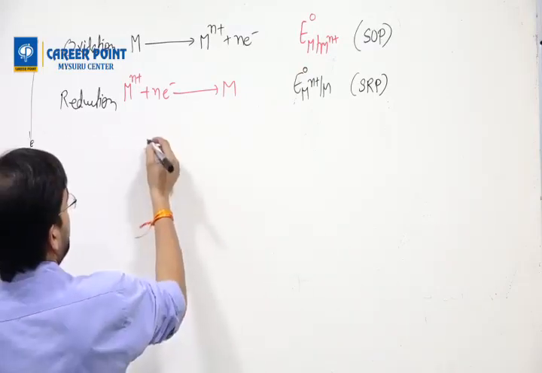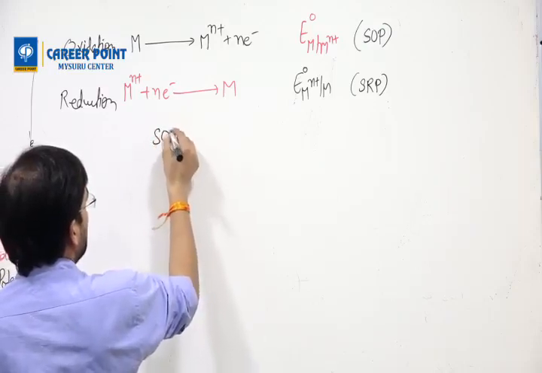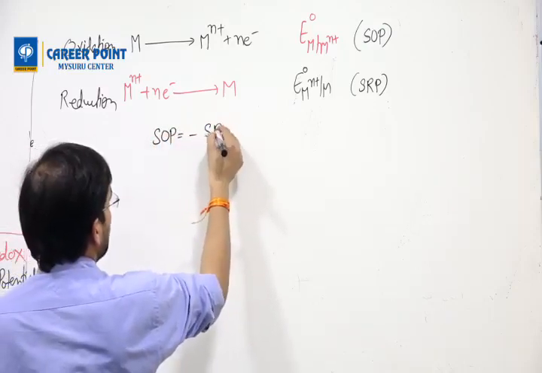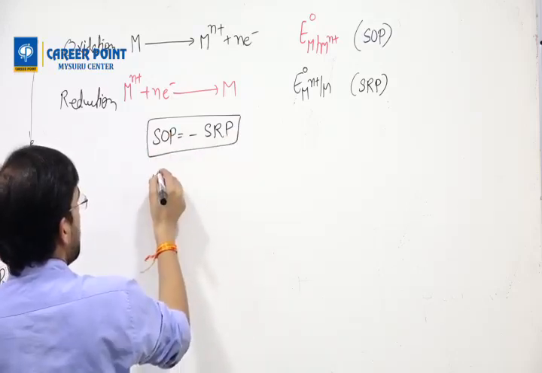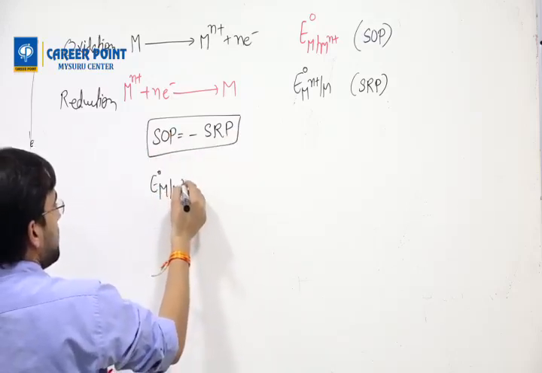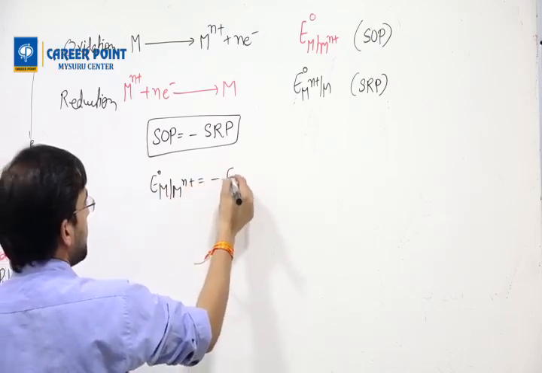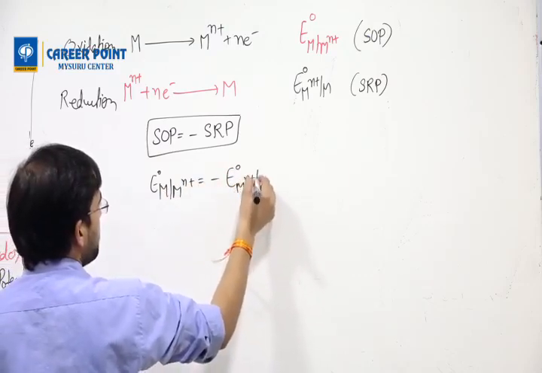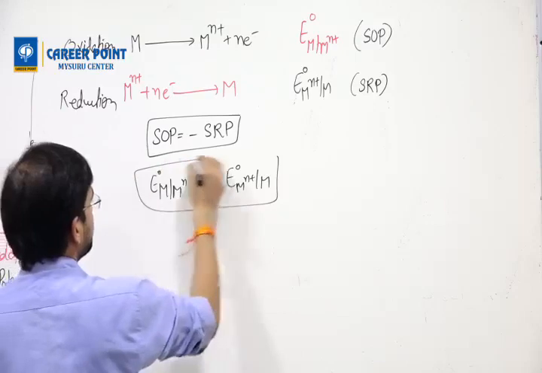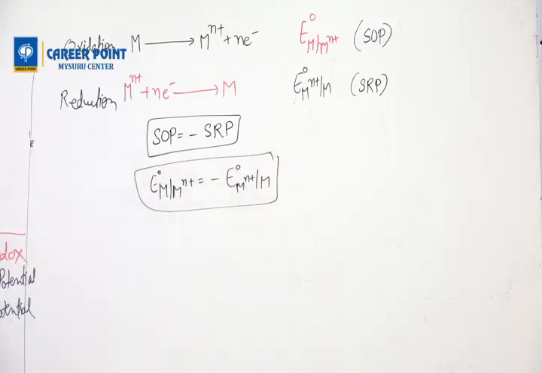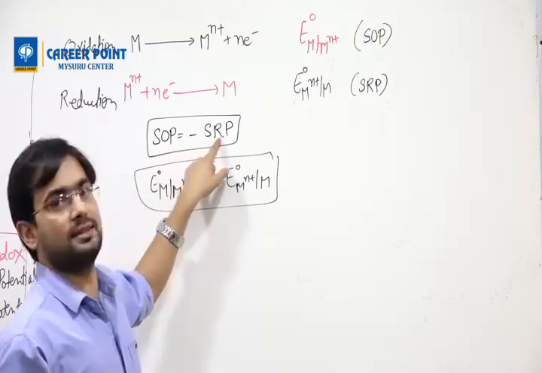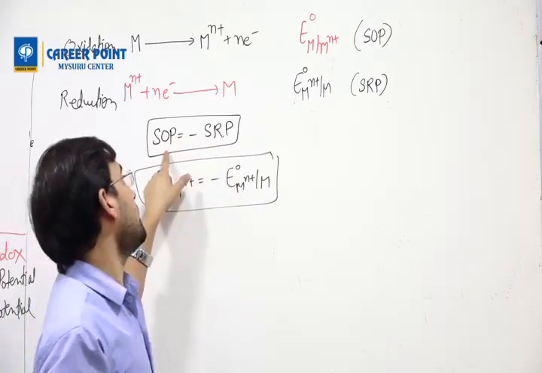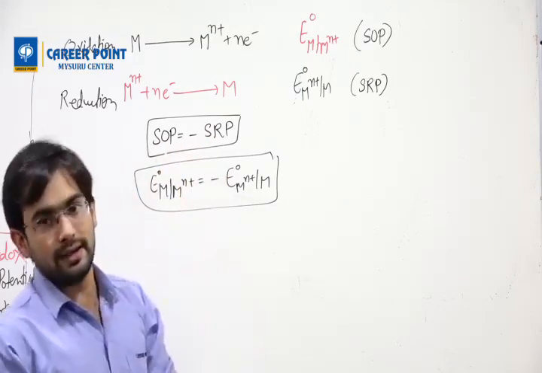So SOP is minus of SRP, or E naught of M to Mn+ is equal to minus E naught of Mn+ to M. Because the reaction is the same, only the direction is different. So I can convert any SOP to SRP, or any SRP to SOP.